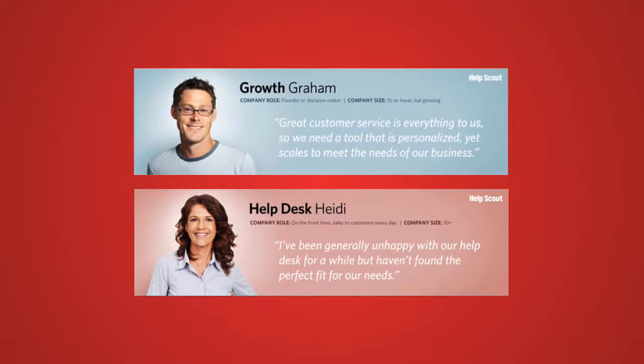And she's, let's say, being given the task to find a new company help desk system, and so she wants a better product for productivity, reporting, and collaboration. So there you have, with Help Scout, two completely separate avatars, two completely separate target audiences, but they're both very well defined, and they're both this perfect avatar of what that person looks like, kind of within the formula that we've set out here.